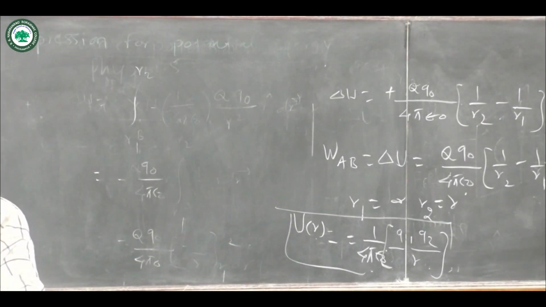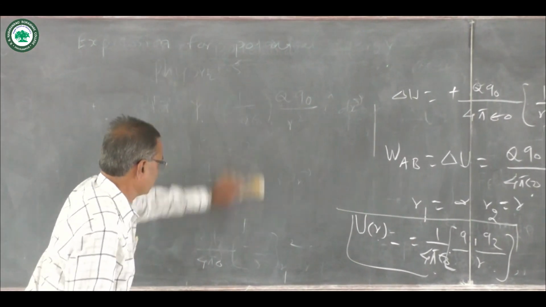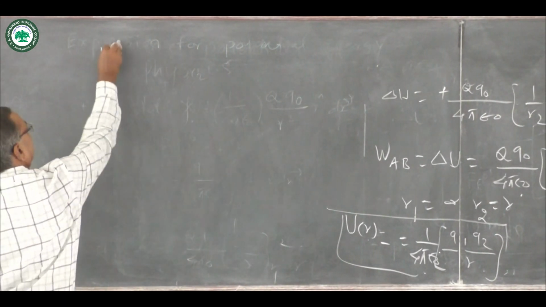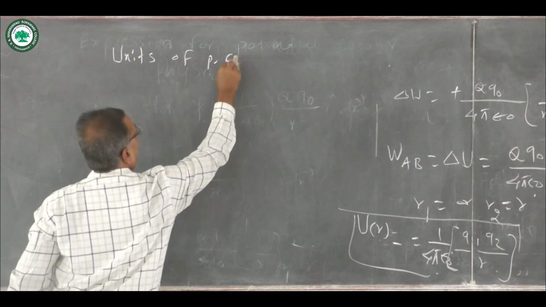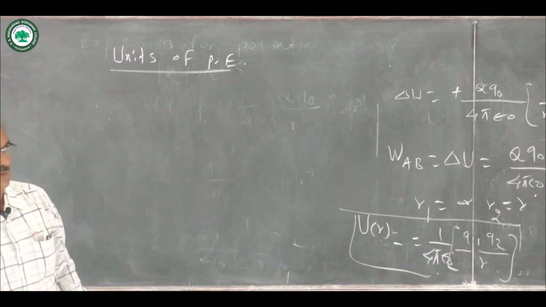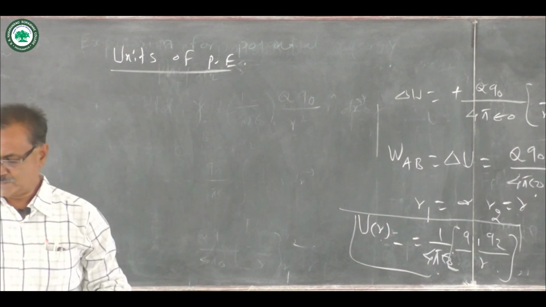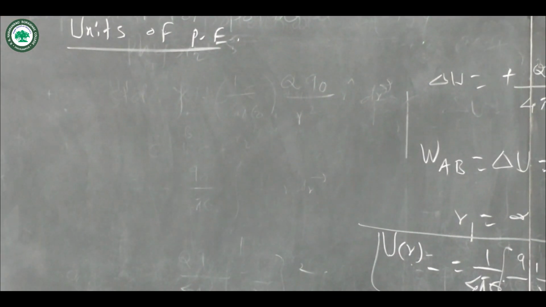We know units of potential energy. Now there are different forms of energies: electron volt, kilo electron volt, milli electron volt, joule.